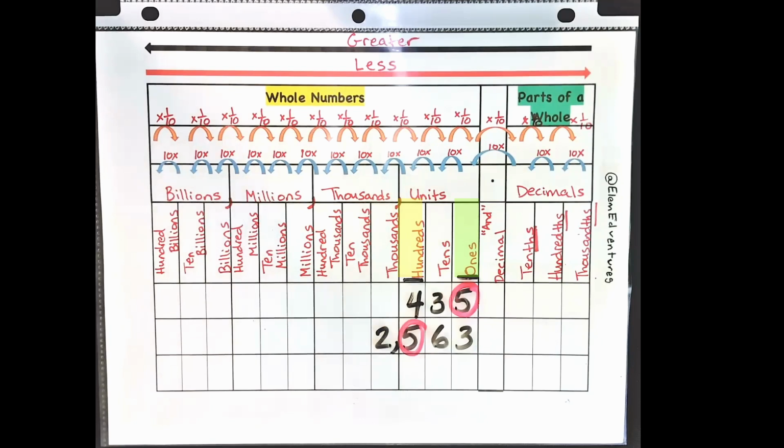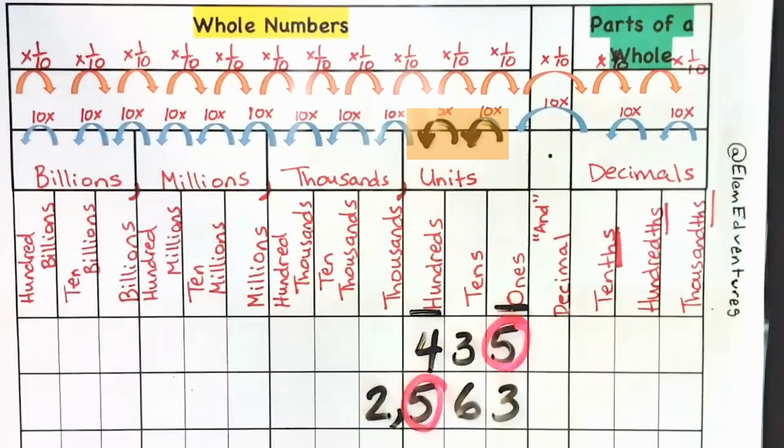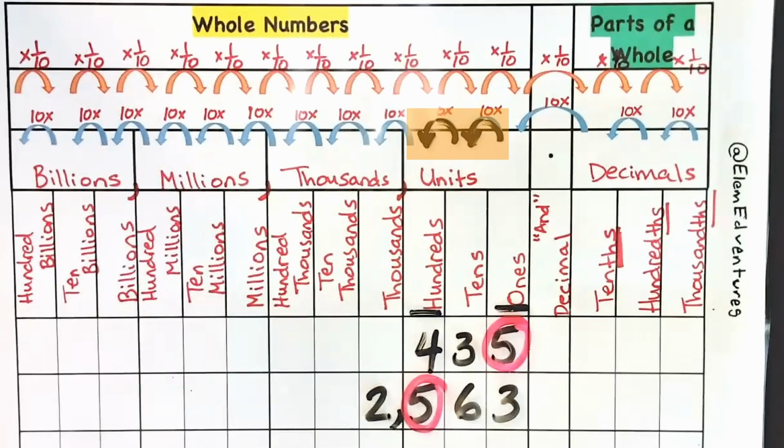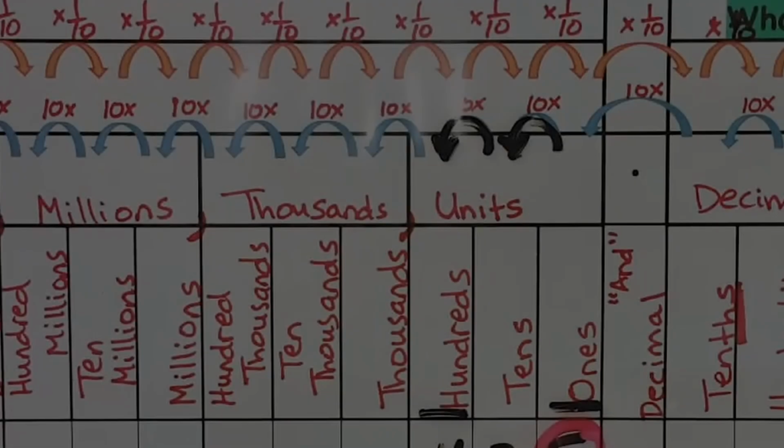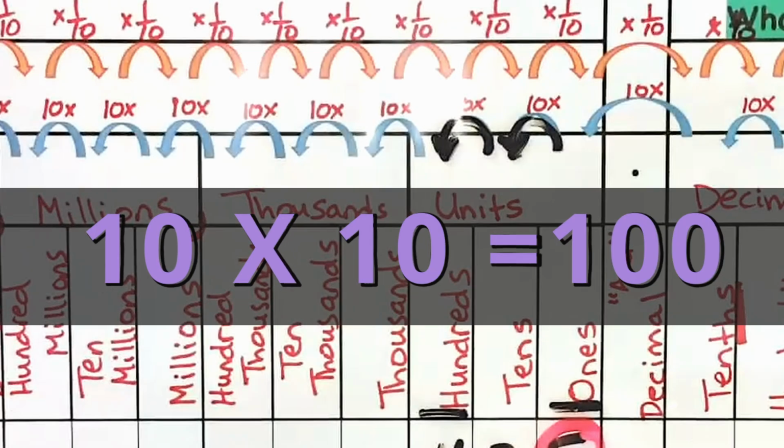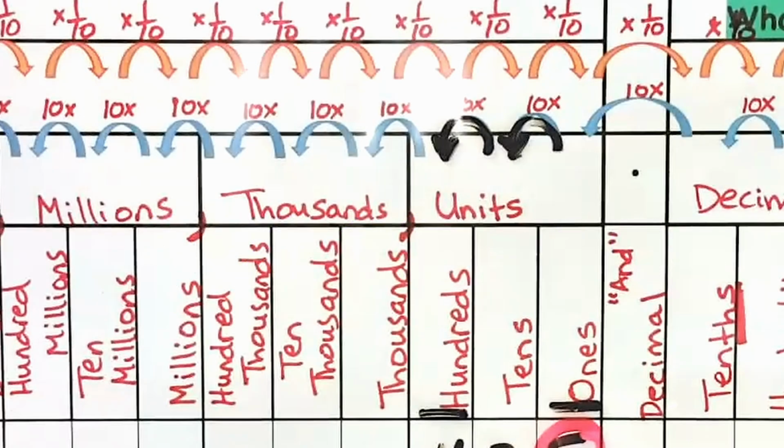This time, when I go from 5 ones to 5 hundreds, I have to move 2 spaces to the left. I traced 2 blue arrows going from the ones to the hundreds. Since I'm moving 2 spaces to the left, I am increasing my value 100 times, because 10 times 10 is 100.